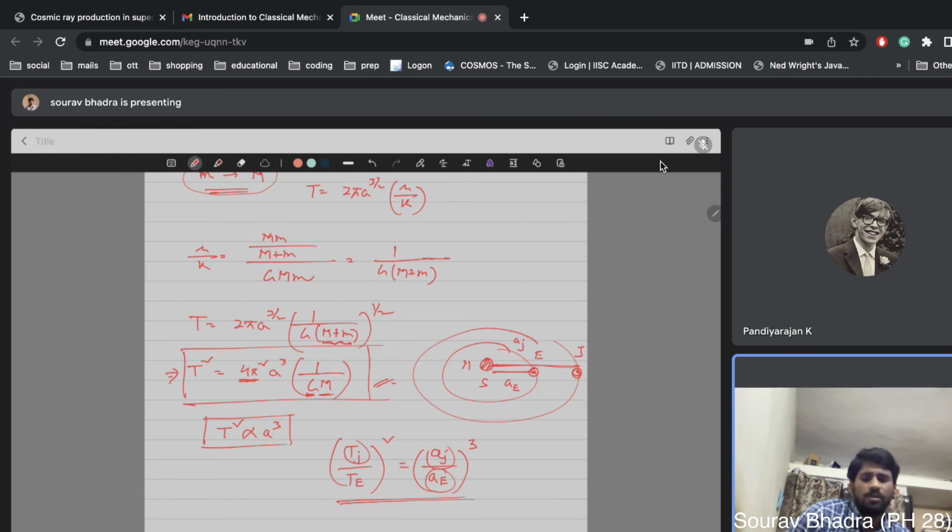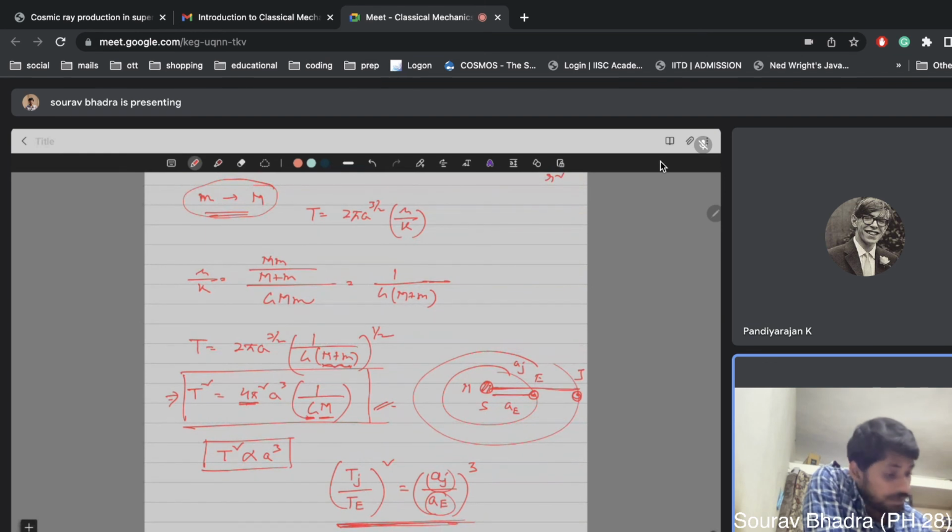And this type of small problems generally come in the exam, which carry very small marks, but it is important. So by this formula you can calculate the time period, it is only depending on the semi major axis.